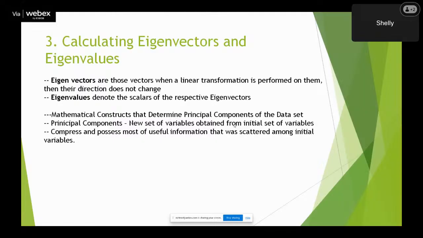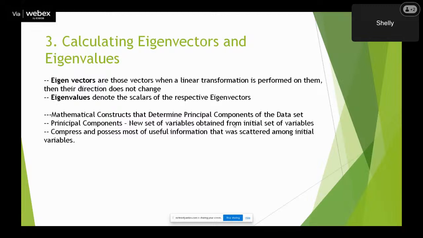So what we are trying to do is principal component analysis, and step number 3 is determining the principal components of the data set through mathematical or statistical formulas. Eigenvectors are those vectors whose direction doesn't change when a linear transformation is performed on them. And eigenvalues denote the scalars of the respective eigenvectors. So the eigenvalues are related to the eigenvectors.